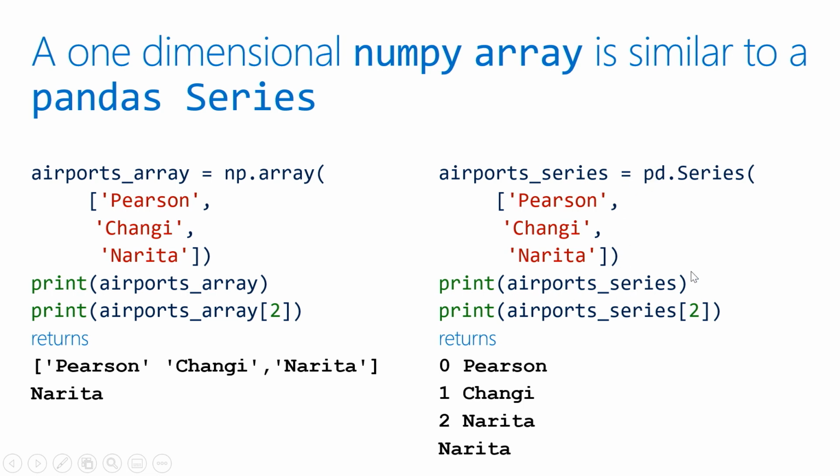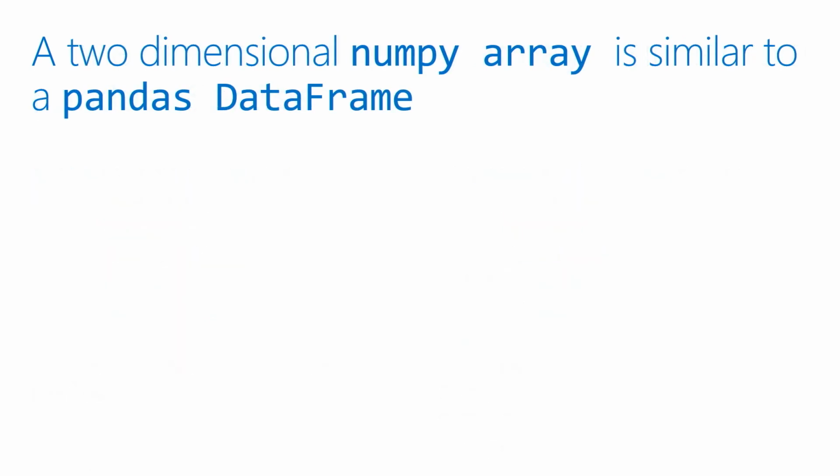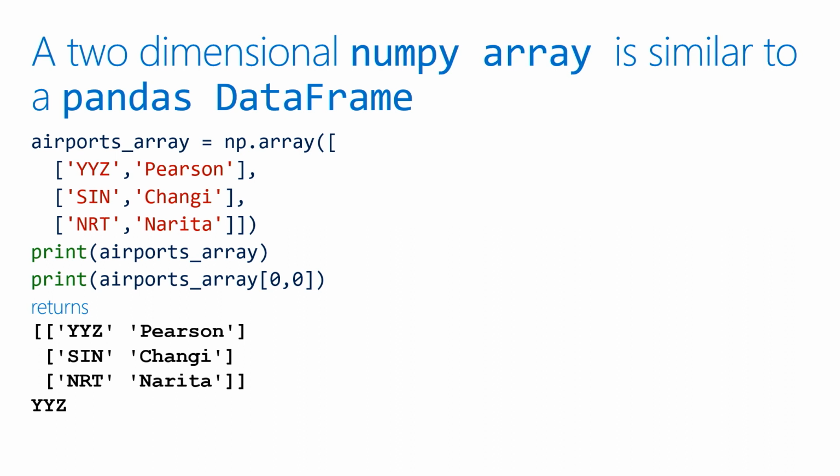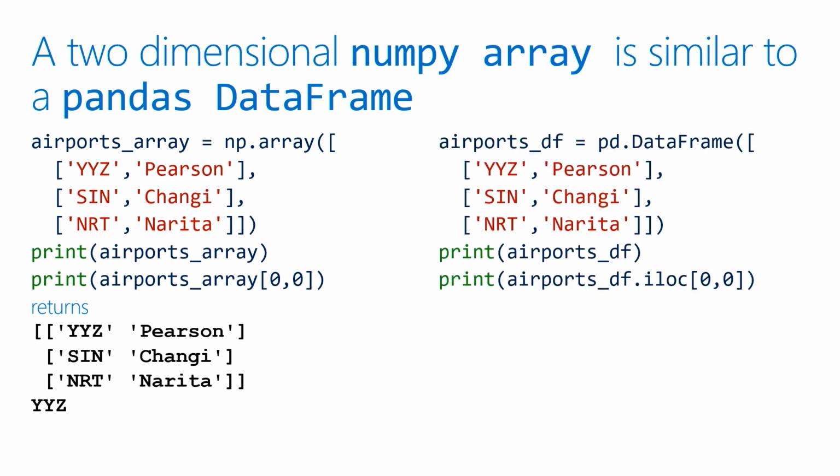If I want to print all the values in the series or a specific value in the series, the syntax is again the same. The big difference is you have an implicit index with NumPy arrays, and you have an explicit index that's displayed, 0, 1, 2, when you have a pandas series. And they have different functionality. A 2-dimensional NumPy array is very similar to a pandas data frame in terms of its structure, and the code to create and access it will look very similar.